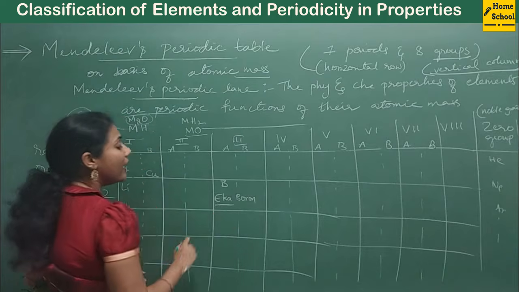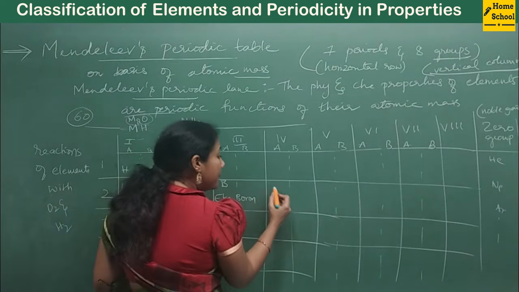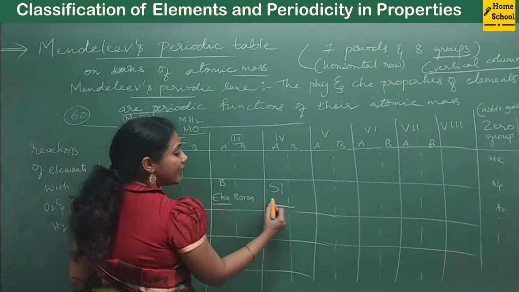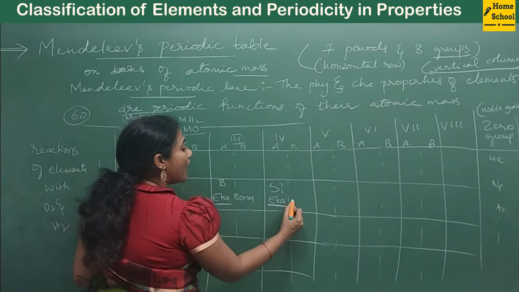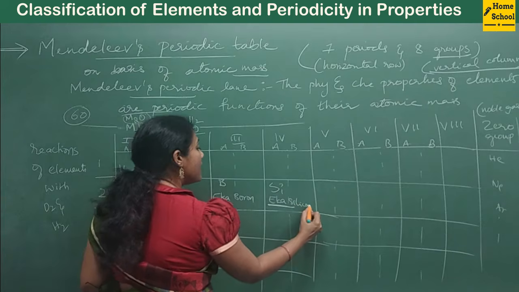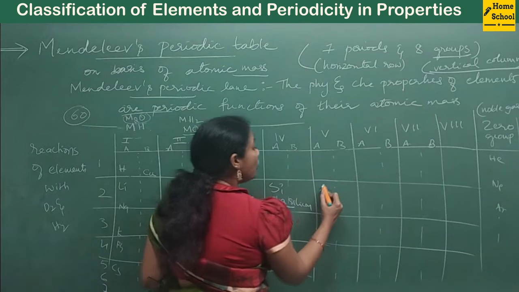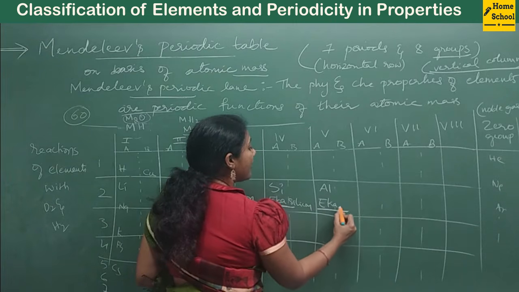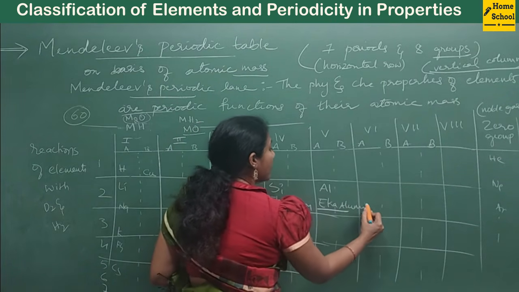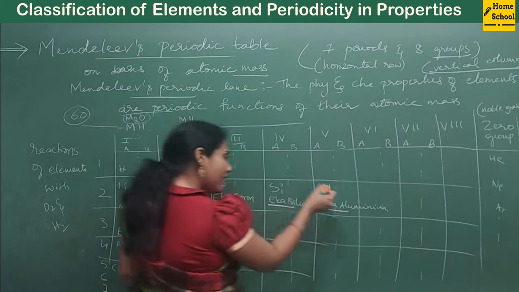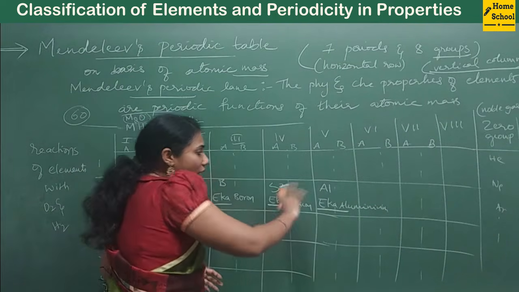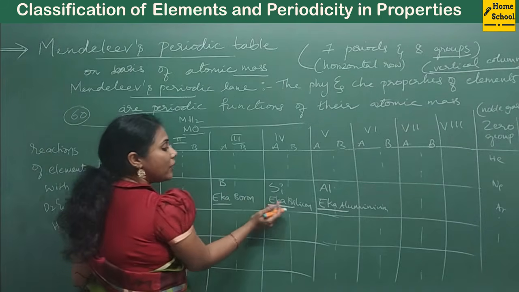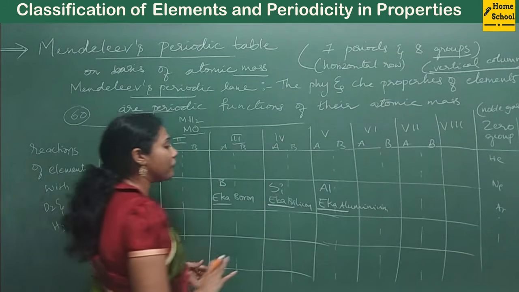Like that, below silicon also he left a gap and he called that gap Eka silicon. Similarly, below aluminium also he left a gap and he called it Eka aluminium. Okay, actually these are not their real positions, just for example I'm showing. So below boron he left a gap, below silicon he left a gap, below aluminium he left a gap.